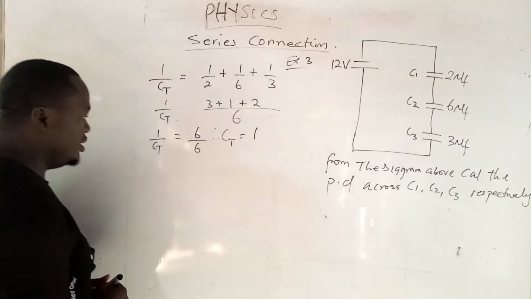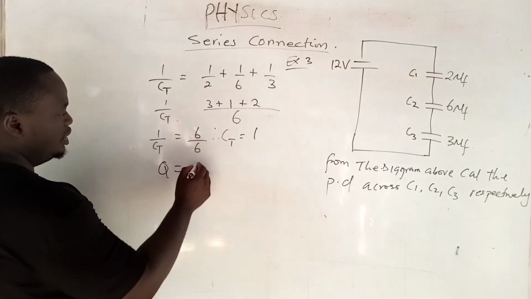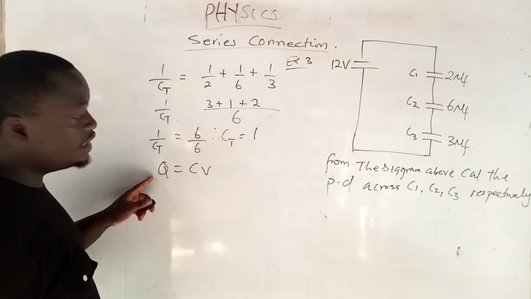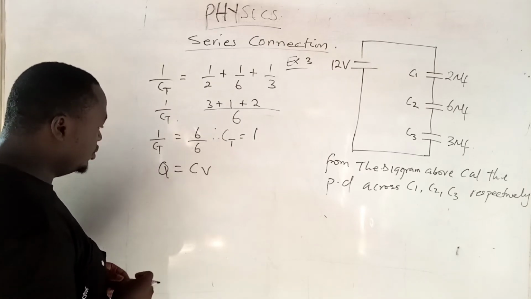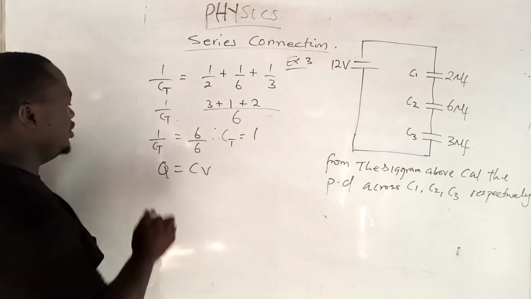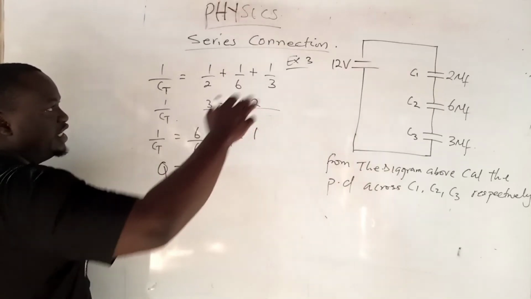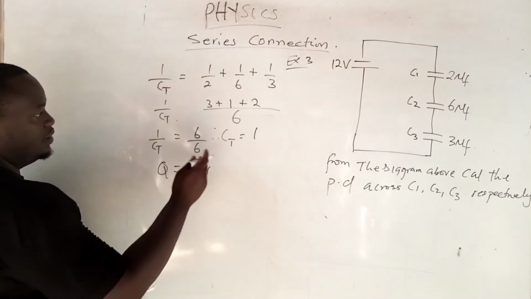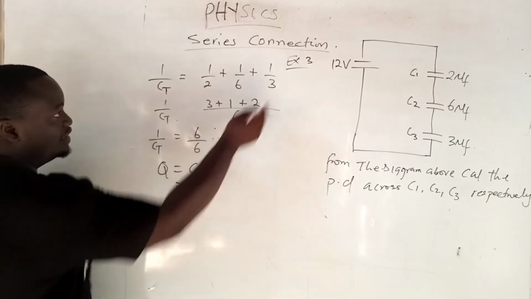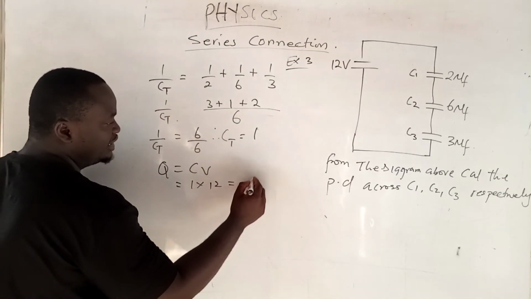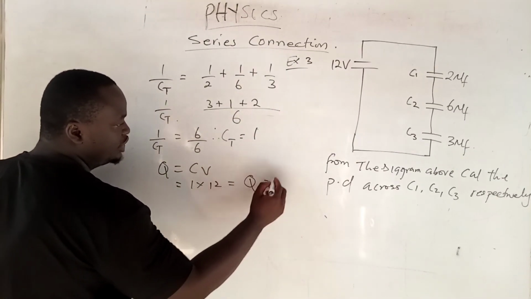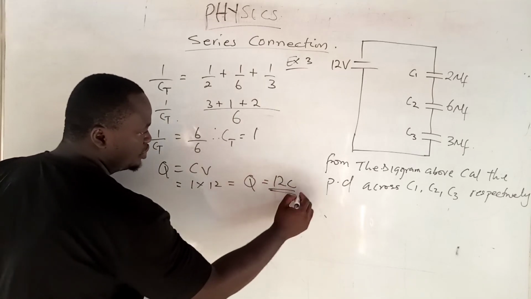Now remember that Q is equal to CV. This is the charge, this is the capacitance, and this is the potential difference in volts. Now, to get the charge of the circuit, the capacitance, which is 1, times the volts given here, 12 volts, so the charge is equal to 12 coulombs, right?